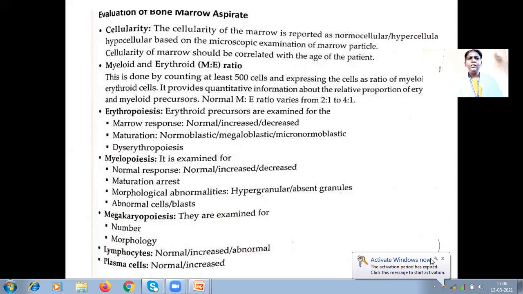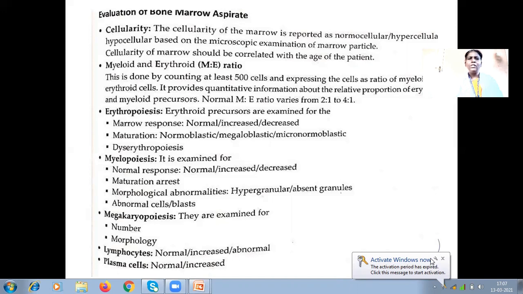Then we will see the dyserythropoiesis. Next is myelopoiesis. It is examined for normal response, that is normal, increased or decreased. Then we will see maturation arrest.